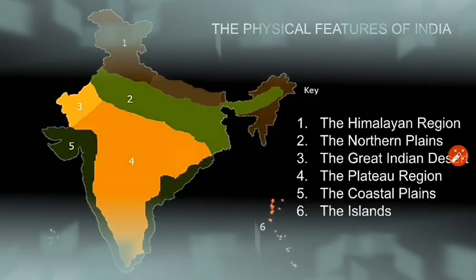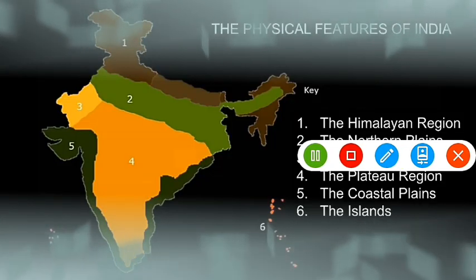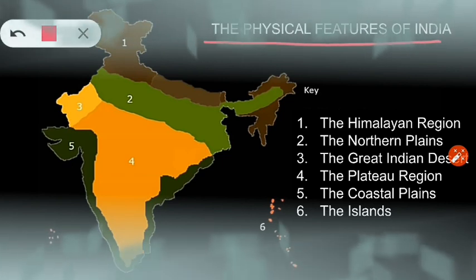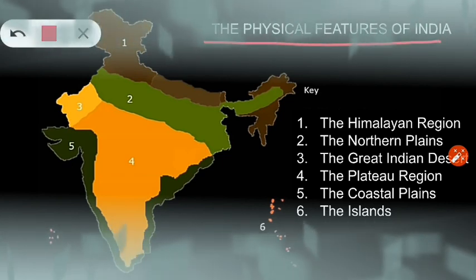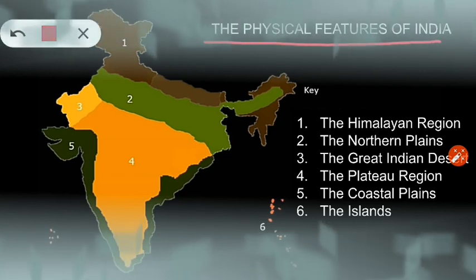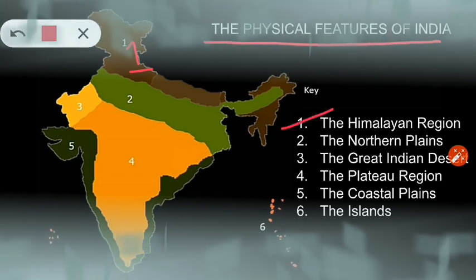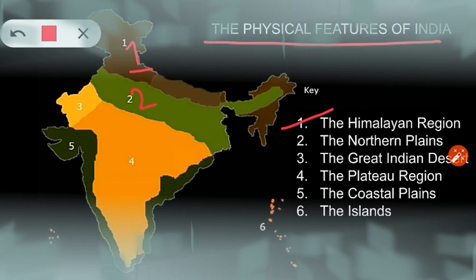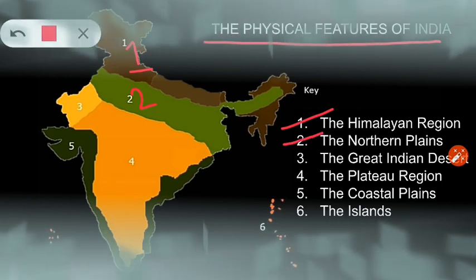Now, our country has 6 main physical features. All of you can see on your screen that there is a map of India which has been divided into 6 different zones. The first zone stands for the Himalayan region. The second zone, that is the green color, stands for the northern plains.